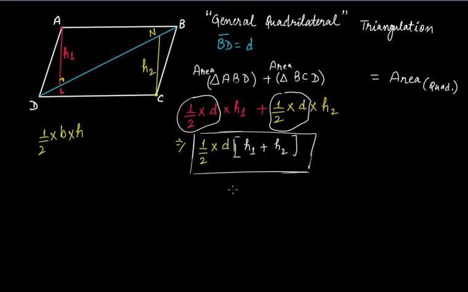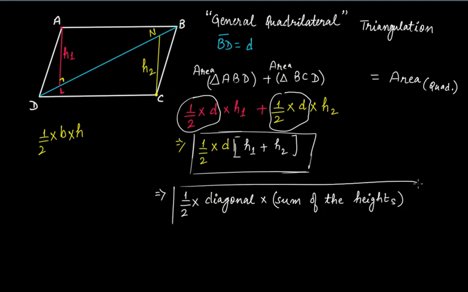And what is the formula? The formula is half multiplied by the diagonal, multiplied by the sum of the heights. This is the formula to calculate the area of a general quadrilateral.